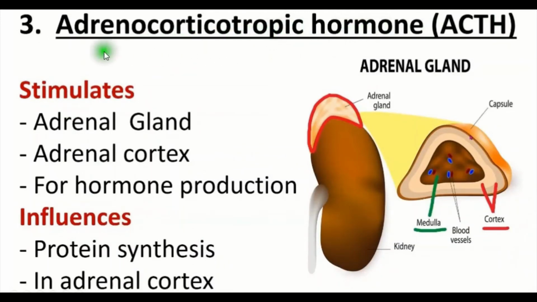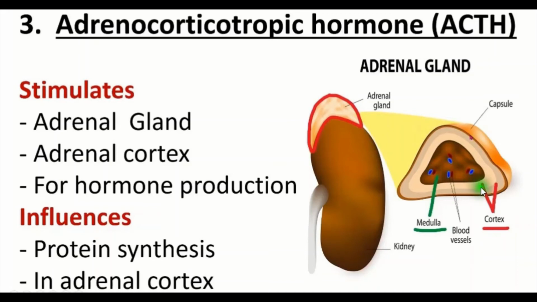ACTH stimulates the adrenal cortex of the adrenal gland. This is the adrenal gland, located above the kidney. Now you see a cross section of the adrenal gland.